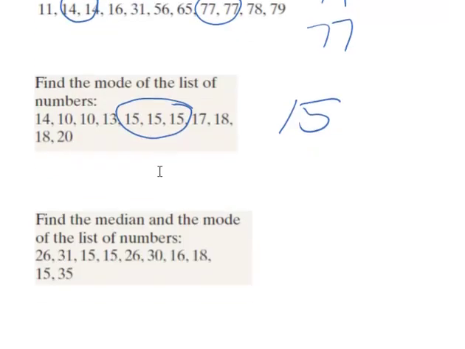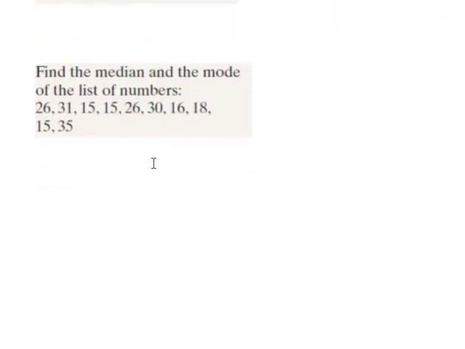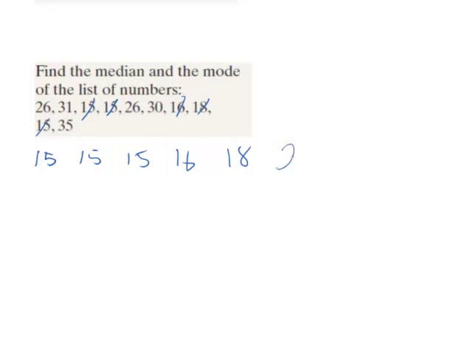All right. So continuing with that one here, it says, let's find the median and the mode of the list of numbers. So remember, if we're going to find the median, we're going to list our numbers in order. So I notice that I have 3 15s. Okay, so let's get rid of those. Then I have a 16 and an 18. And after that, my next smallest number would be 26, and we have 2 of those.